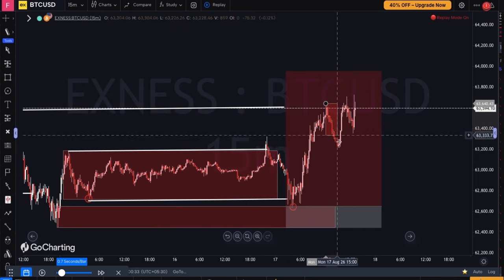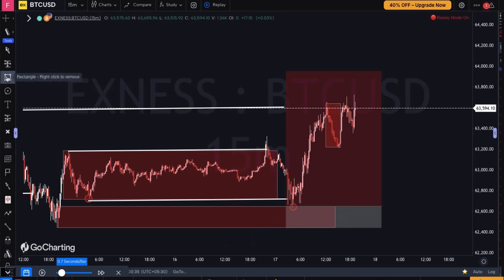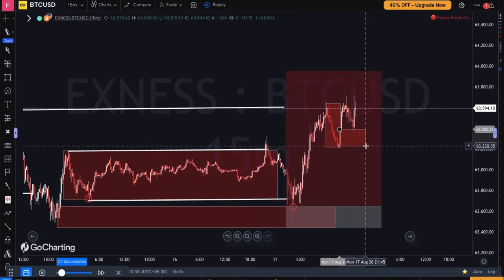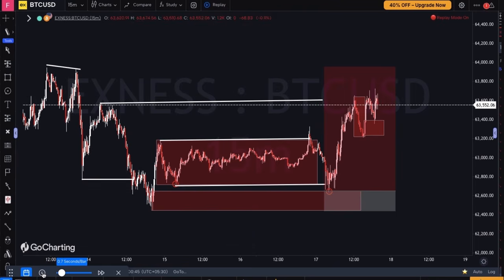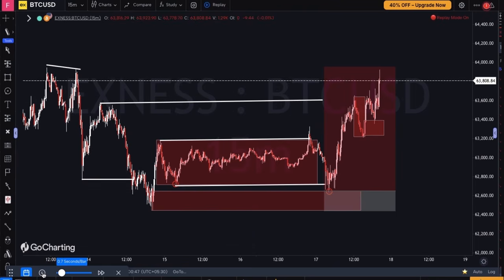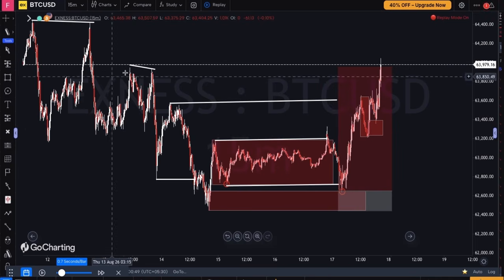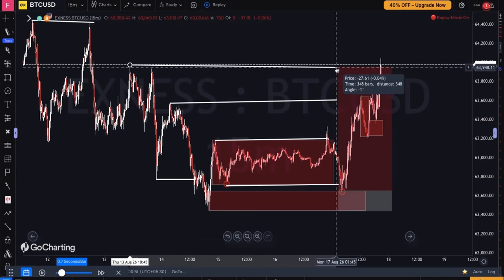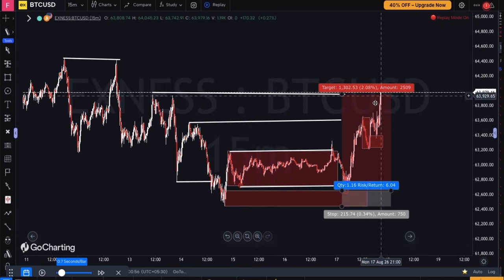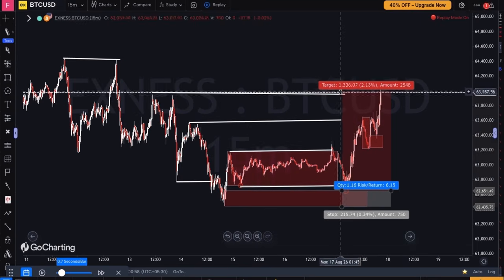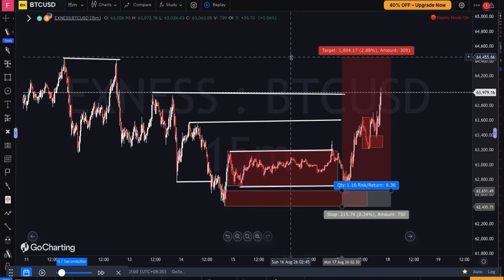On this reversal, we still had one entry, but I didn't take that. So that's it, that's the second take profit. Again, same step, book some partials. Now let's move to the final target. Okay.